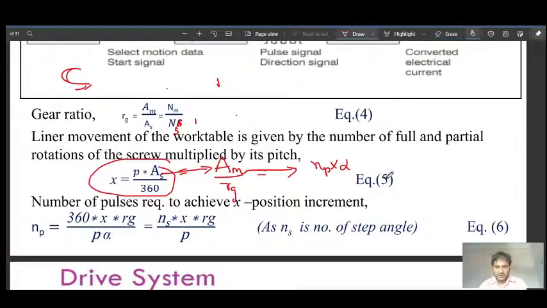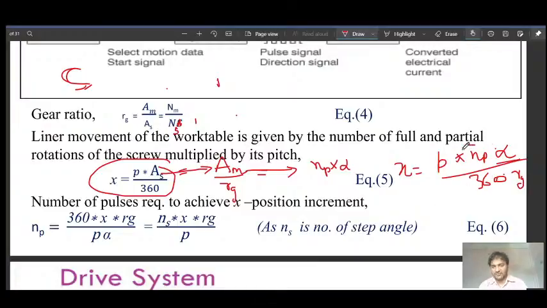So x is equal to p as into np into alpha divided by this one 360 degree. So again, and rg.